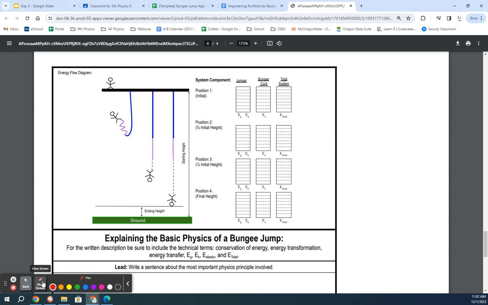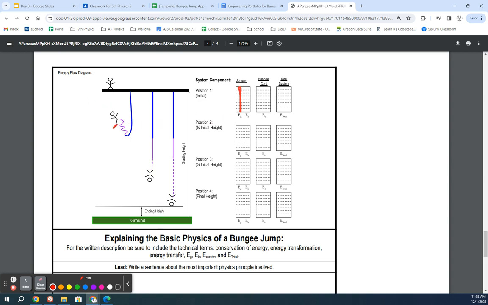So initially, we have the person way up high, right? They have lots and lots and lots of gravitational energy. So I'm just going to fill the gravitational up to the top. All right. I'm just going to go all the way through and do all of my gravitationals.